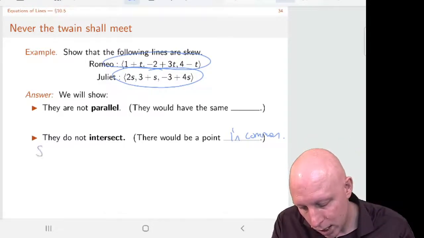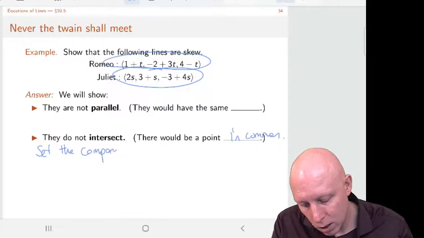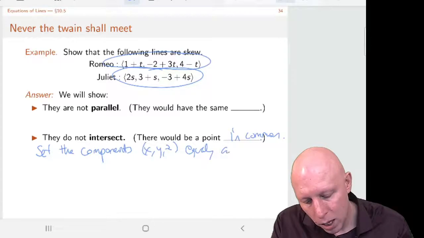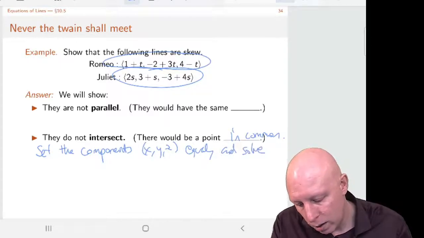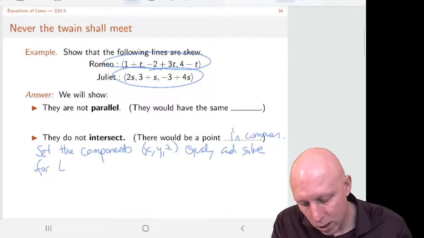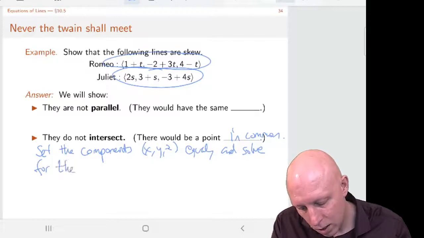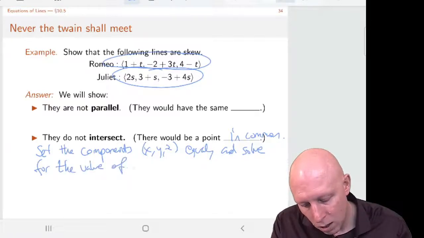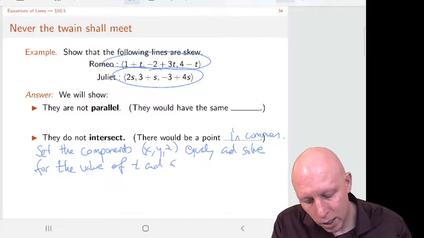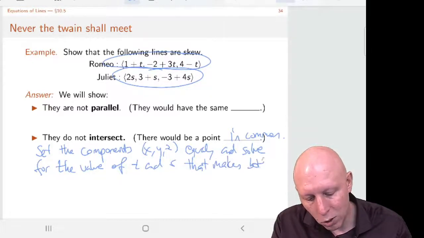So set the x, y, and z components equal, and solve for the value of t and s that makes both equations true.